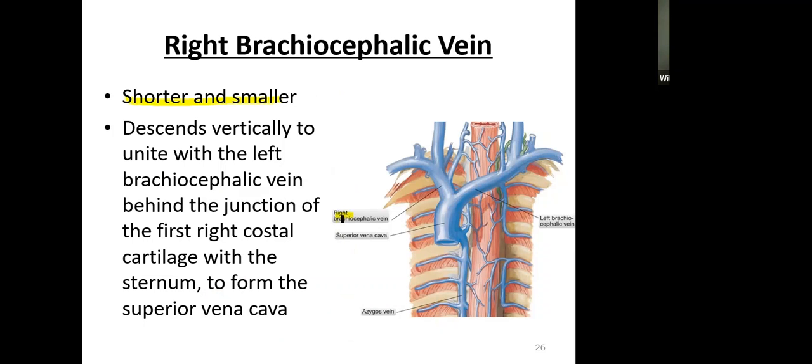So right brachiocephalic, smaller and shorter. It descends vertically to unite with the left brachiocephalic vein behind the junction of the first right costal cartilage with the sternum, and ultimately it forms the SVC. So it's just coming down, communicating with the SVC.